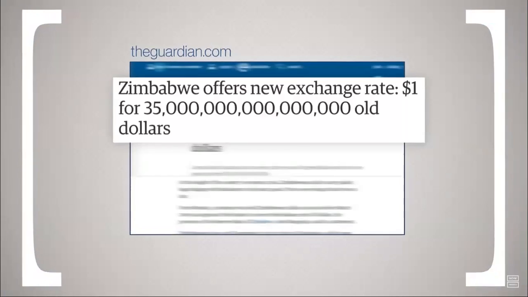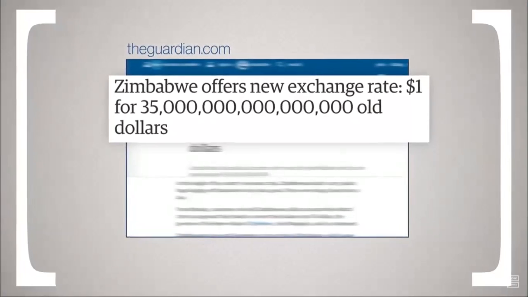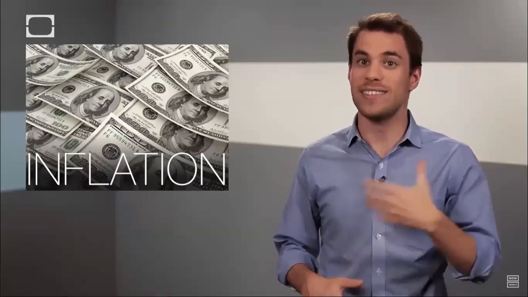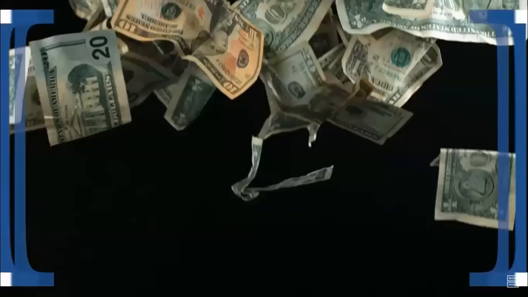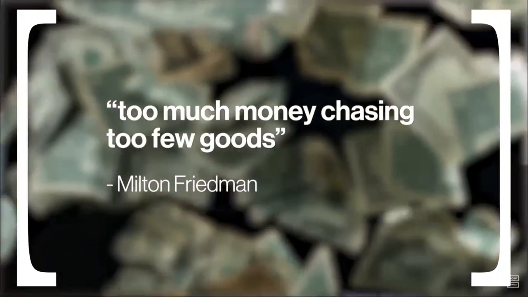In June 2015, Zimbabwe began offering an exchange of $5 for 175 quadrillion Zimbabwe dollars. In 2008, their rate of inflation hit 500 billion%, and soon after, Zimbabwe abandoned their currency. So how did it get so bad, and what exactly is inflation? Well, often inflation is described as too much money chasing too few goods.